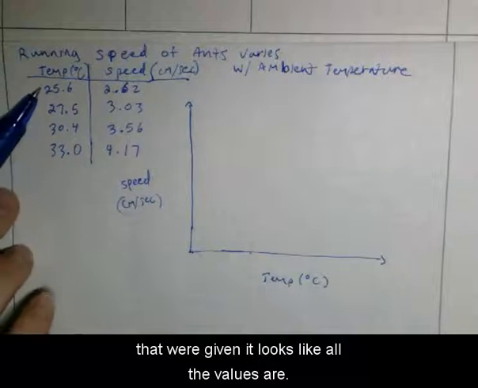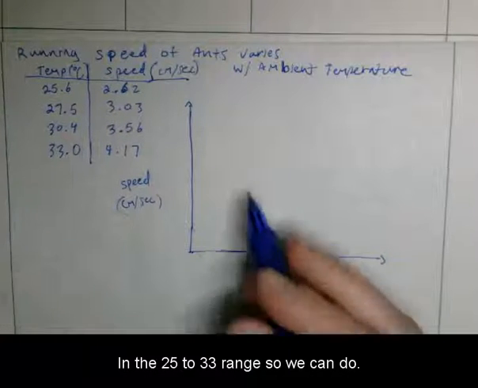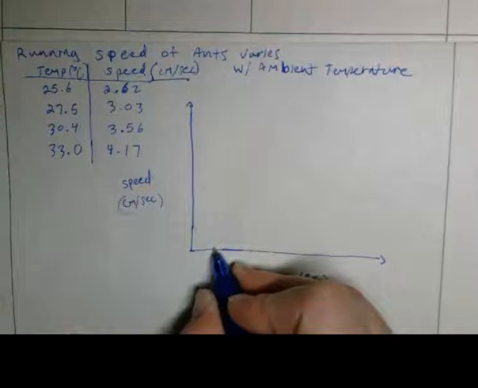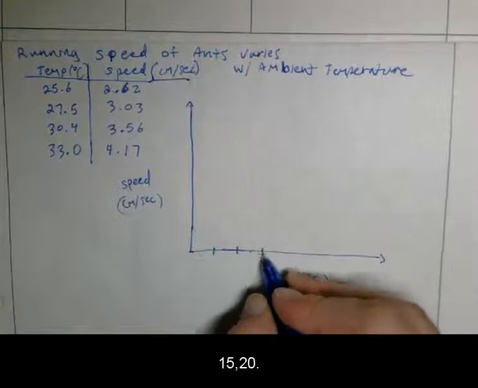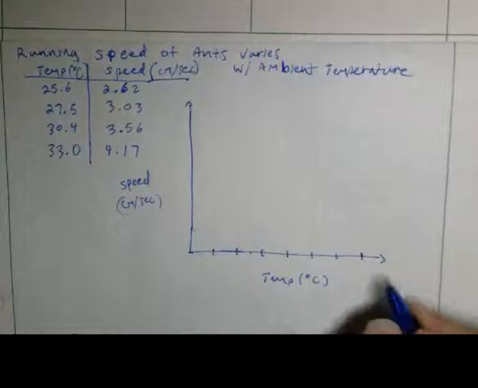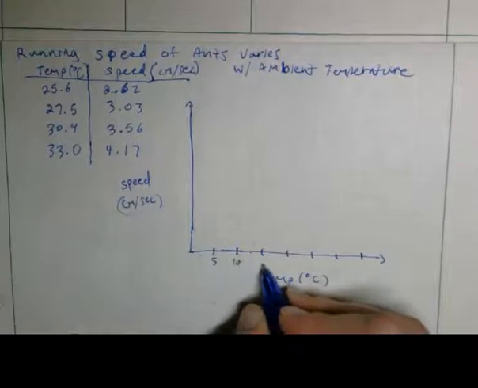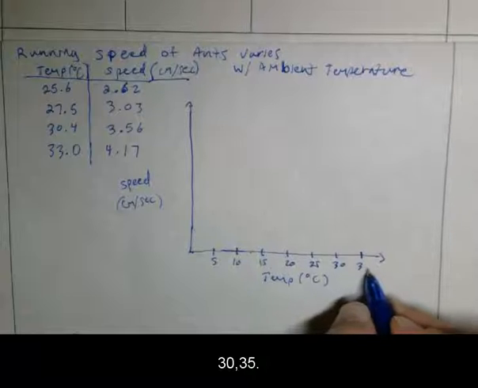It looks like all the values are in the 25 to 33 range, so we can do 5, 10, 15, 20, 25, 30, 35.